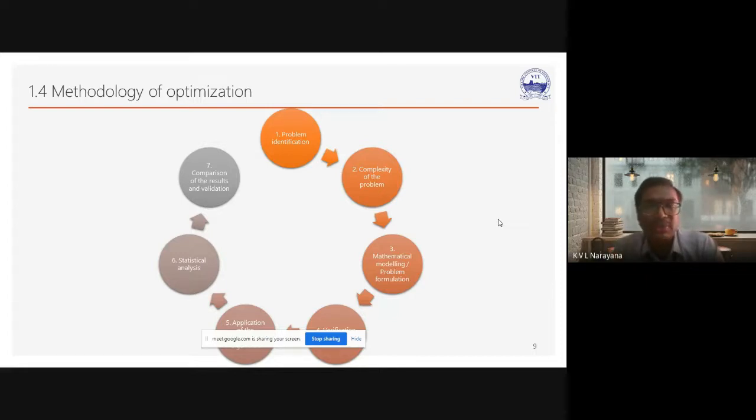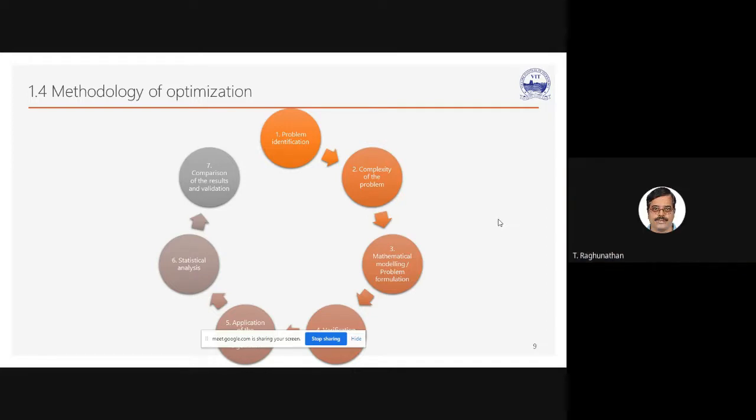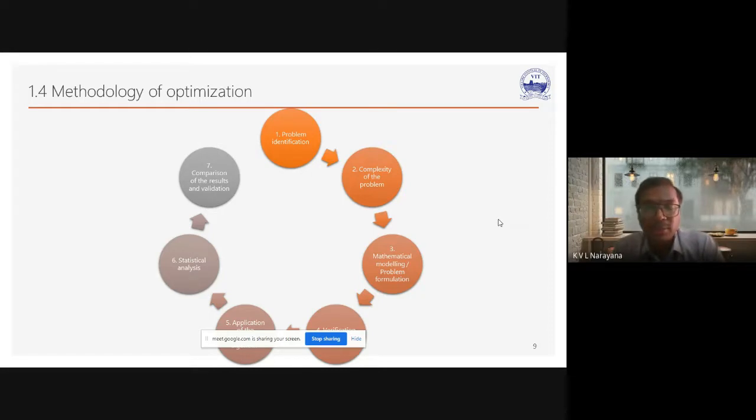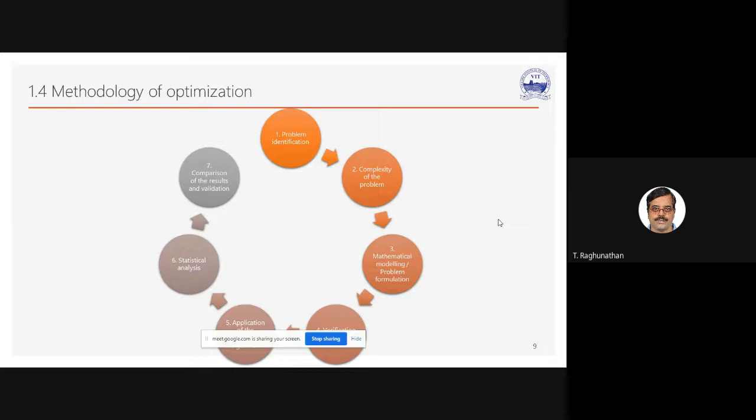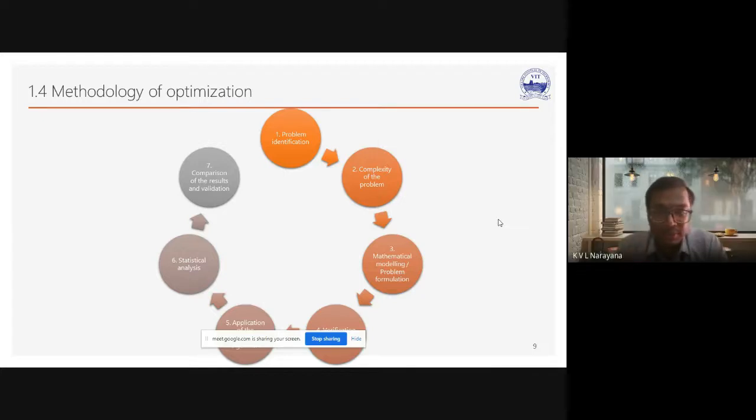Whatever fitness function we formulate must be accurately related to the problem, and it must be verified. If the mathematical model of a problem is improperly modeled, that may lead to bad results.